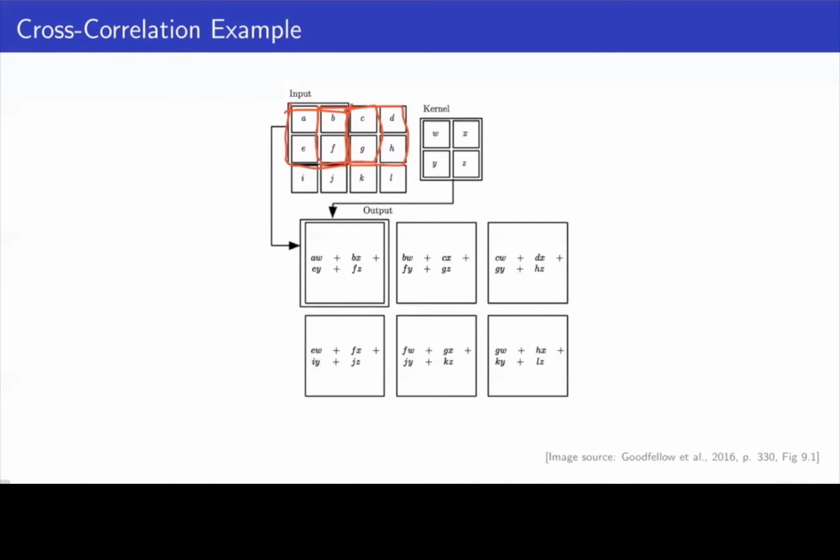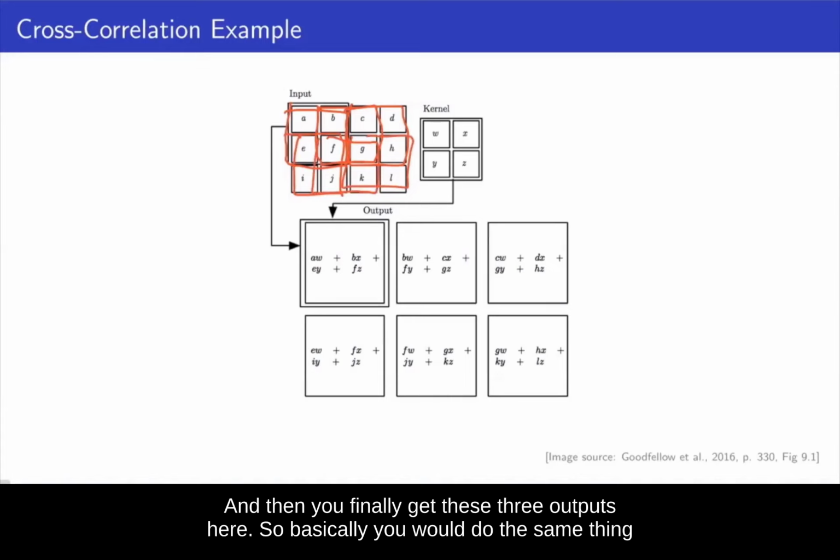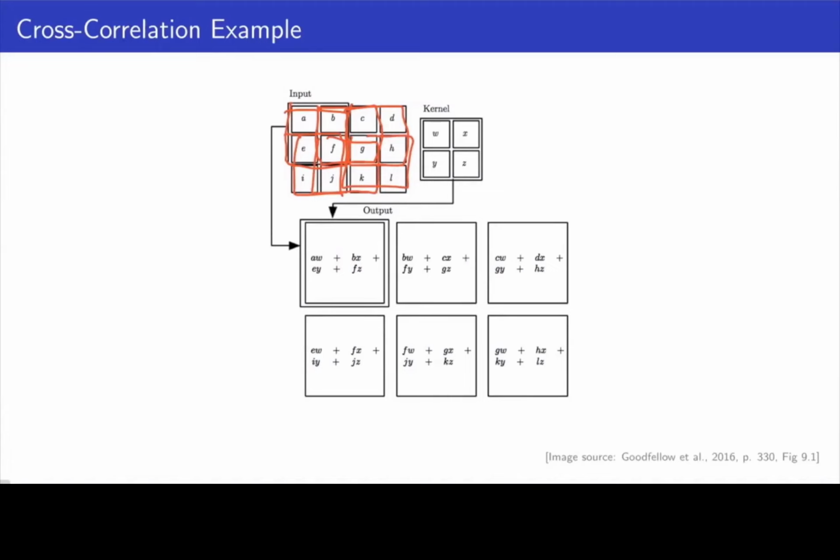That's what you see here. Then in the next row, you would move it to this location, and again here, and so on and so forth. And then you finally get these three outputs here. So basically, you would do the same thing, putting the filter mask at each of these locations and computing the dot product.